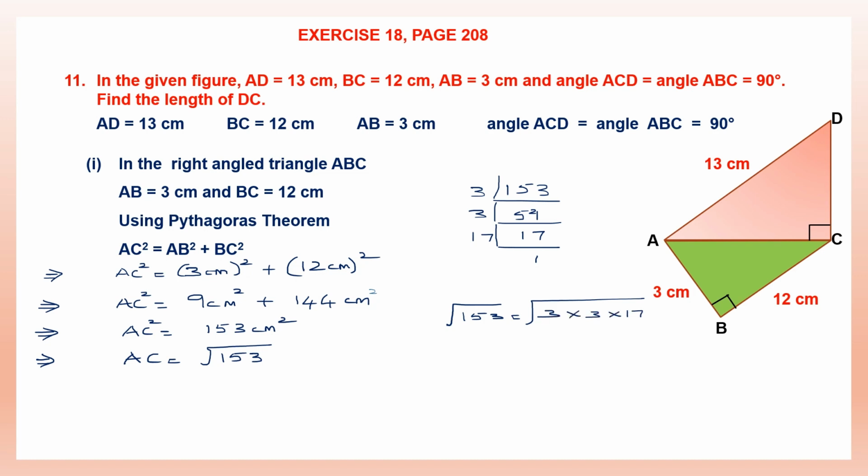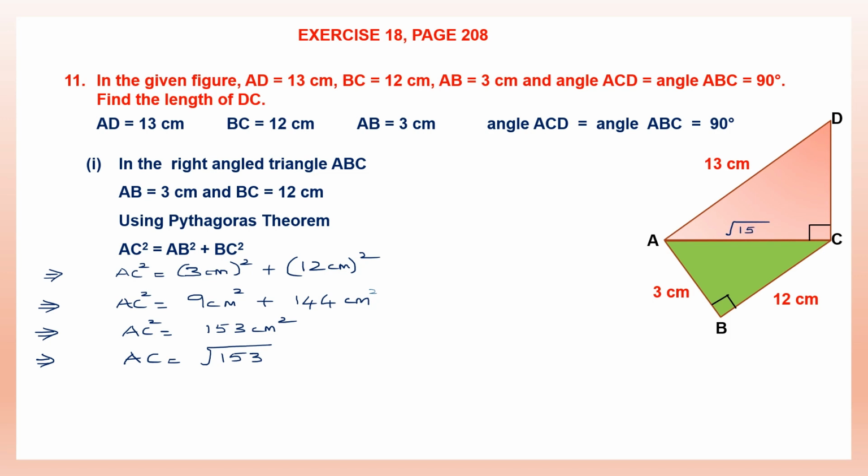Here we can only pair up the 3's. 17 doesn't have a pair. Can you see 17 is by itself? So we cannot get a perfect square for 153. So we're going to leave 153 as it is. So we're going to say AC is equal to the square root of 153. So let me write it here. So AC is the square root of 153.